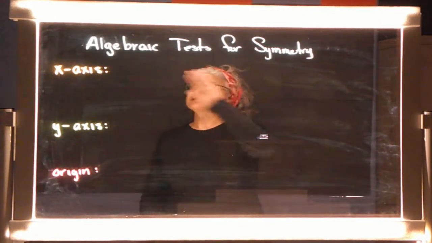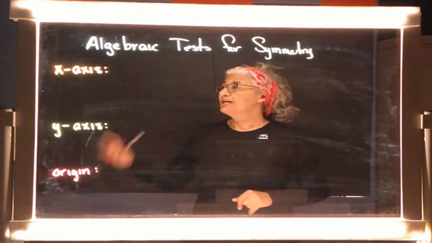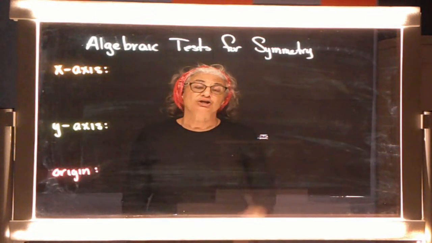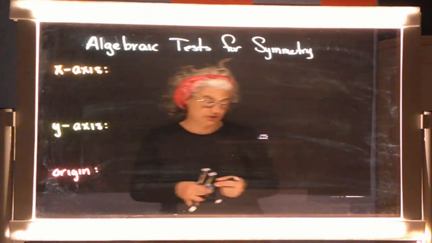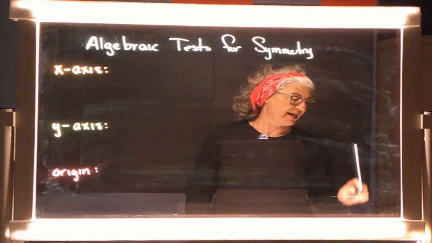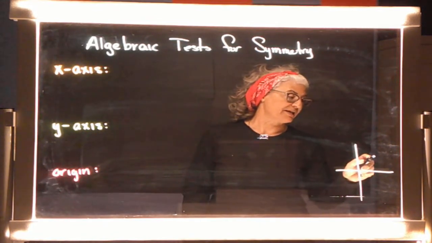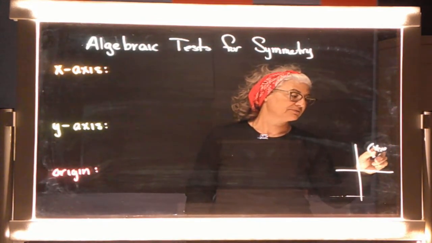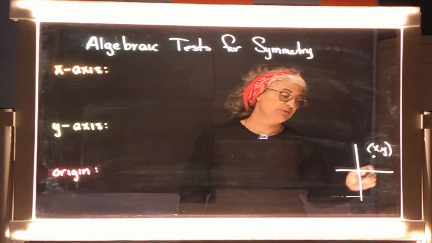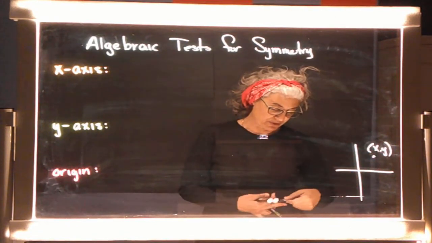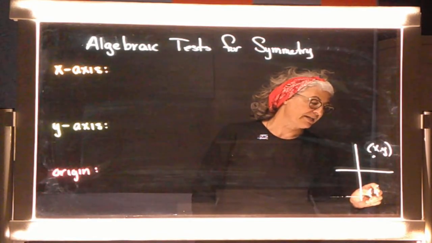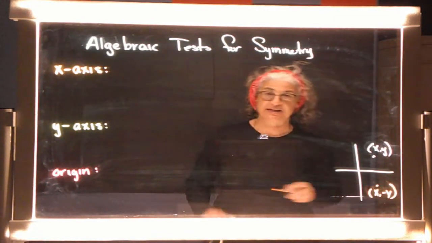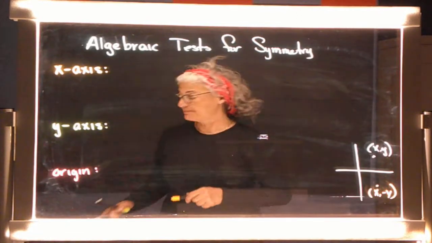Okay, so let's look at some algebraic tests for symmetry. Let's start with the x-axis. Do you remember, and maybe I should draw this, do you remember that when we had the point x, y and the x-axis was the mirror, that point ended up here in quadrant 4 and it was still a positive x but now a negative y, right?